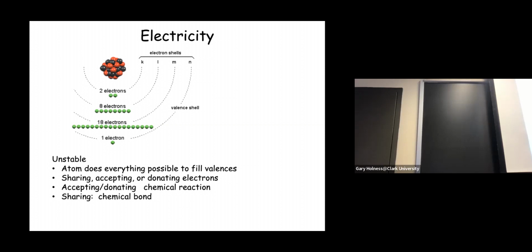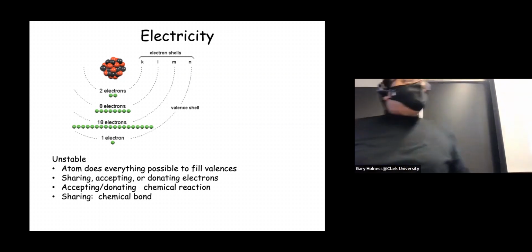The sharing of electrons, well, both of those atoms, like 2 siblings fighting over a toy, they're not going to let go. That's called a chemical bond. And so this bonding process is when 2 atoms share the same electron in order to go to stability, this filling of their valencies.